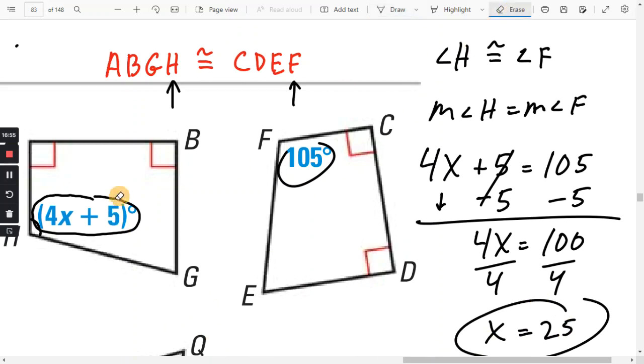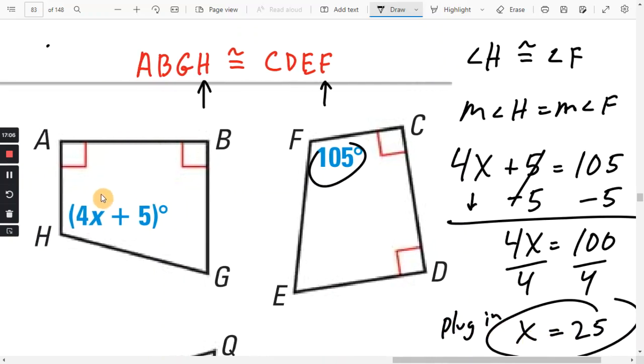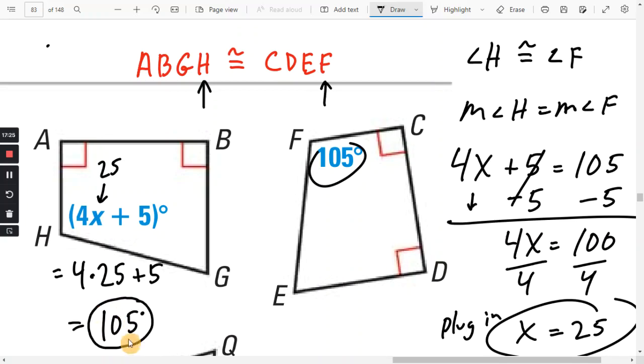Now they asked us to find the actual measure of angle H, so of course we want to plug it in. X equals 25. If you go right here, you put the 25 in, you get 4 times 25 plus 5. That's 100 plus 5, which is 105, and that's in degrees. Does the answer make sense? Well, yeah, you can see right here, angle F is 105, so they match. That's exactly what we wanted.